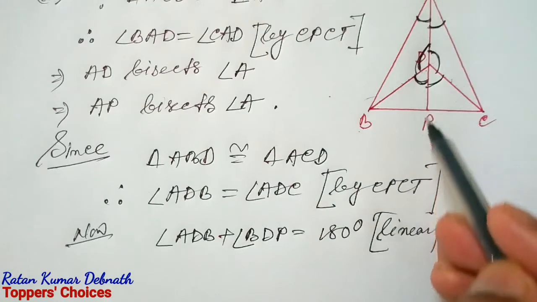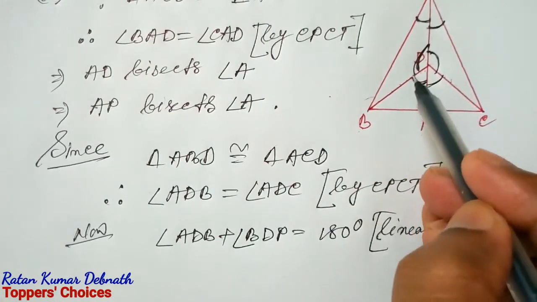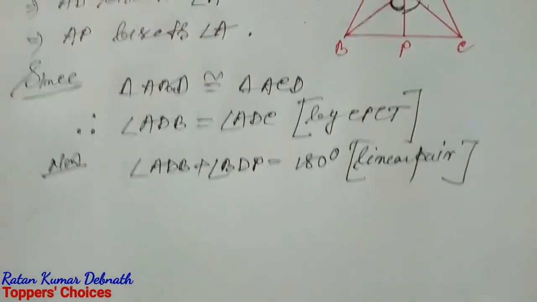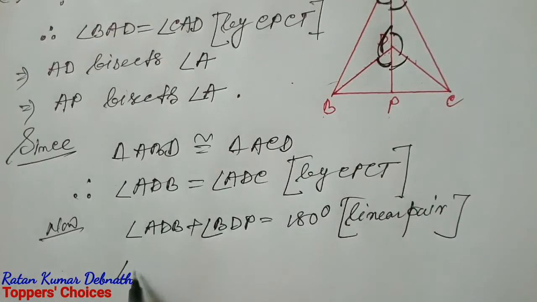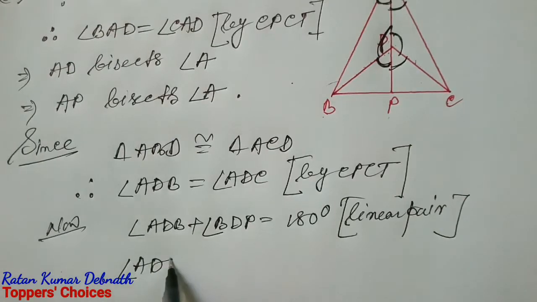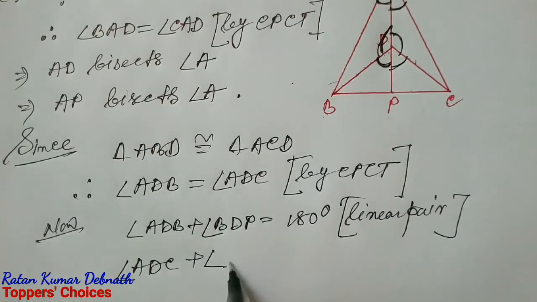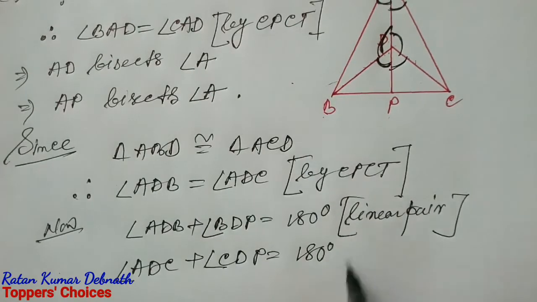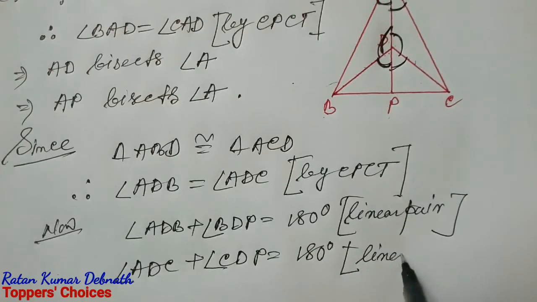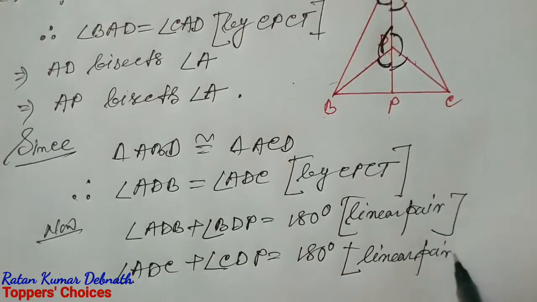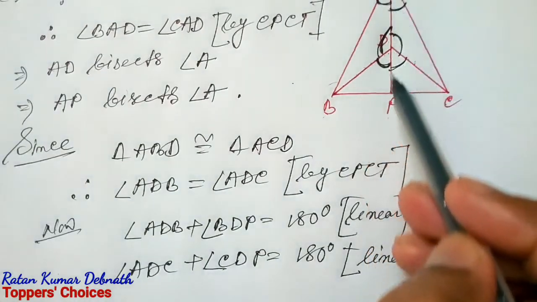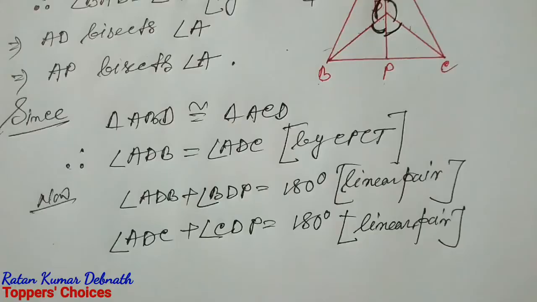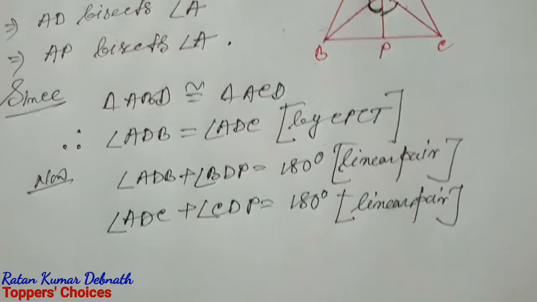This is a straight line, so this angle plus this angle equals 180 degrees because they are a linear pair, and angle ADC plus angle CDP equals 180 degrees. They are also a linear pair. This is a straight line, so this angle plus this angle make a linear pair.